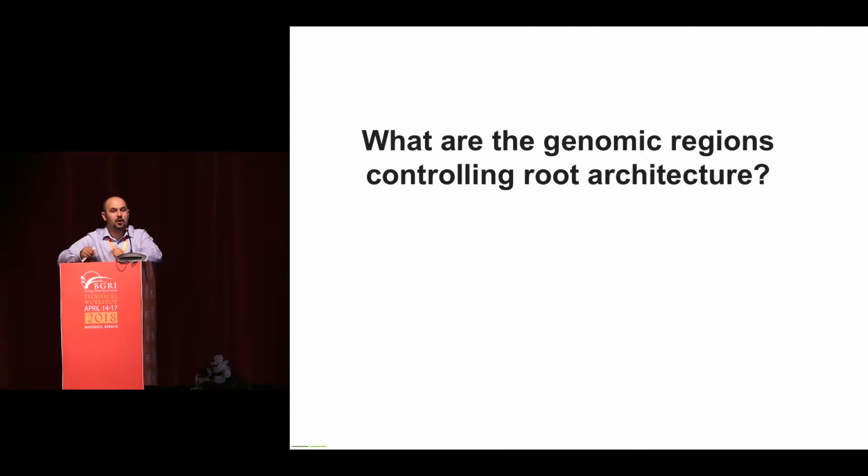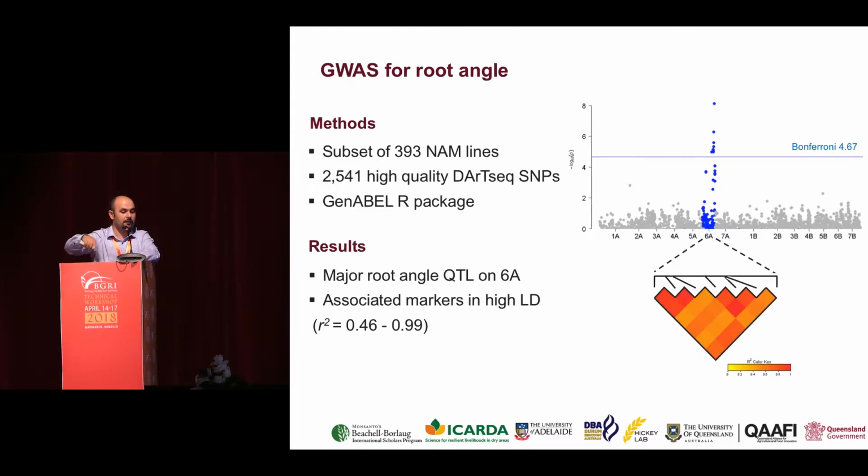Then we wanted to track down some of the genomic regions that are controlling root system architecture, growth, and distribution. Using the phenotypic data from the ClearPot method for a subset of 393 nested association mapping lines and about 2,500 high quality markers, I was very lucky to find this nice QTL on 6A using the GAPIT package.